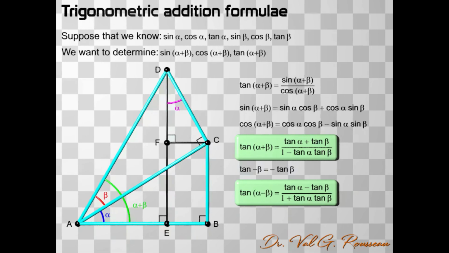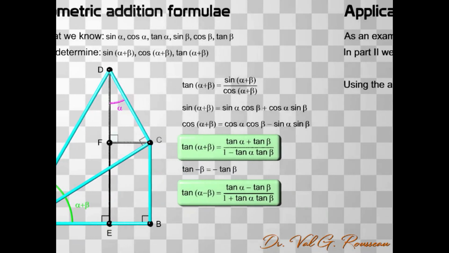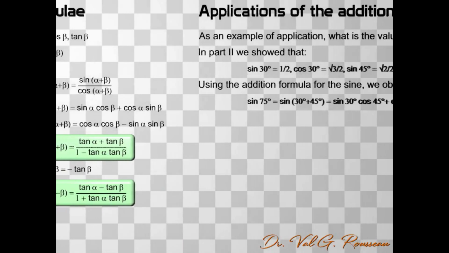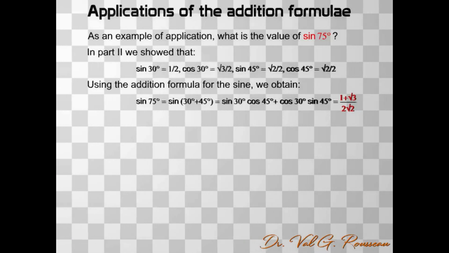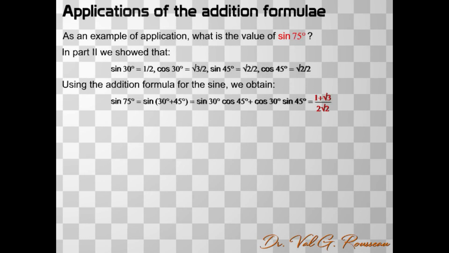As a direct application example, we can use the addition formula to determine the sine of 75 degrees. In part 2 of our tutorial, we determined the values of the sine and cosine for an angle of 30 degrees and for an angle of 45 degrees.